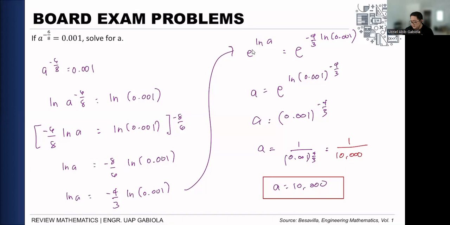Okay? So, ay hindi. This is 1 over 10,000. Okay? Kaya i-cross multiply mo, matitira, magiging 10,000. Okay? Question. Sir, hindi po ba nag-reciprocal mo yung 0.001? Yes. Ay negative exponent siya rather than 1,000.